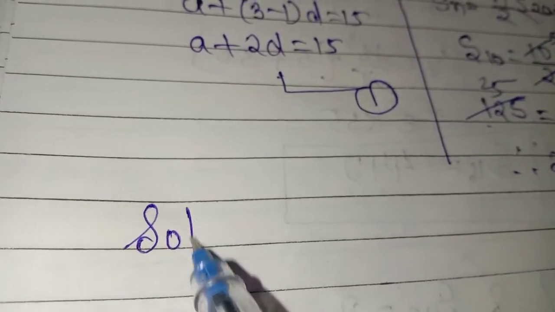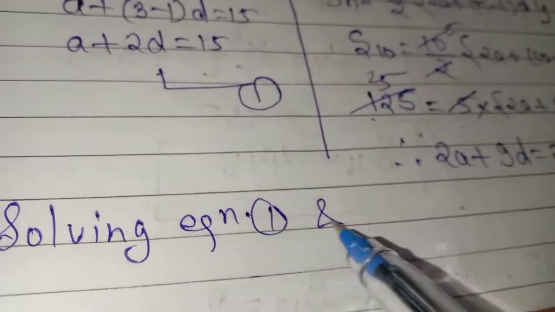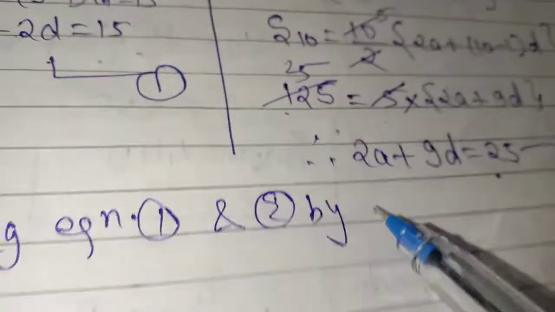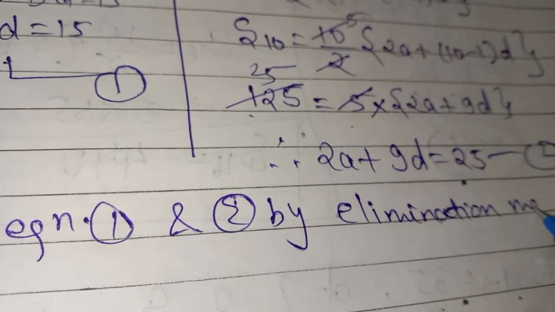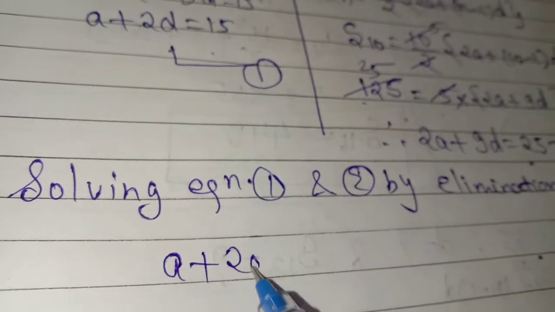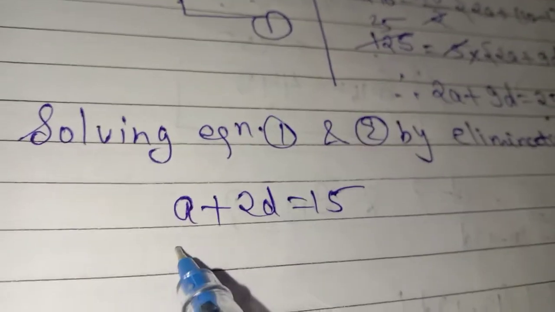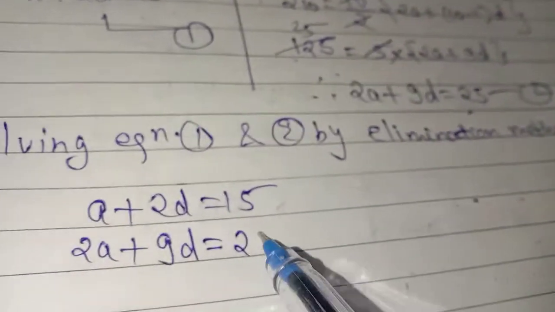Equation number 2. Now equation number 1 and equation number 2, solving by the elimination method. The first one is a plus 2d is equal to 15 and the second is 2a plus 9d is equal to 25.